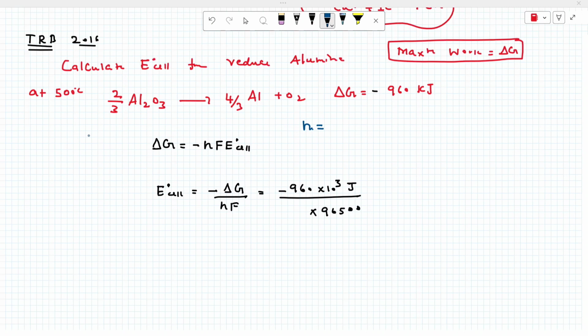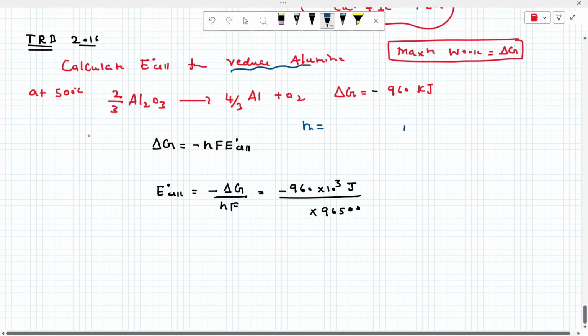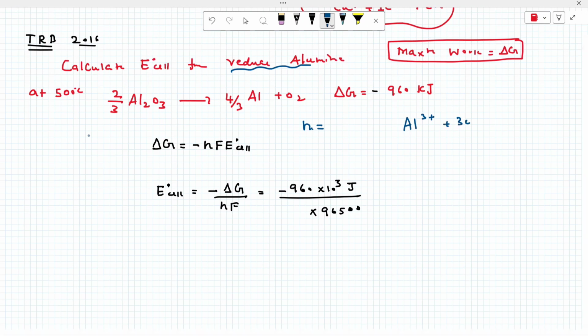See, aluminium is reduced, right? Al3+ is reduced to become aluminium. Pay attention. In this Al2O3, aluminium is plus 3.